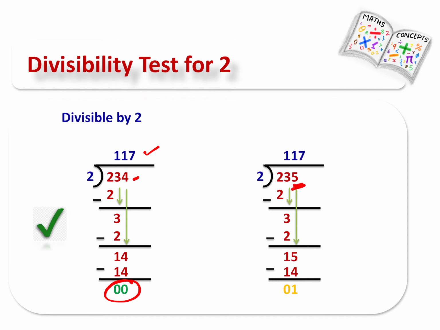It does not end with any of digits 0, 2, 4, 6 or 8, and that's why it is not divisible by 2. This is what our divisibility test says, and in actual division also we can see that quotient is 117 and remainder is 1, which means it is not divisible by 2.